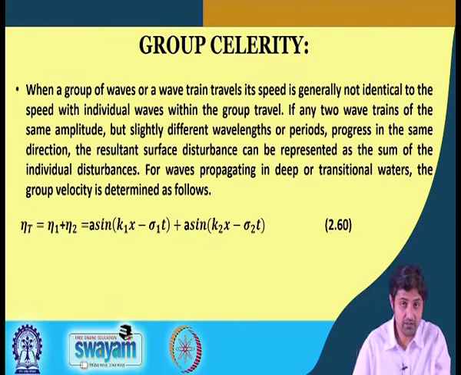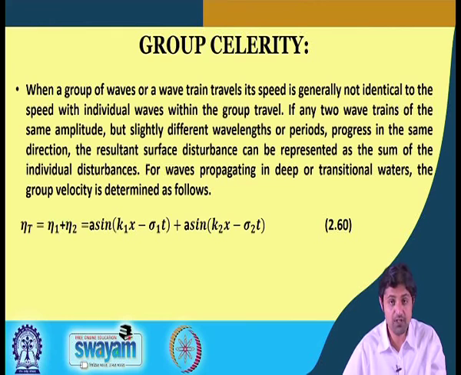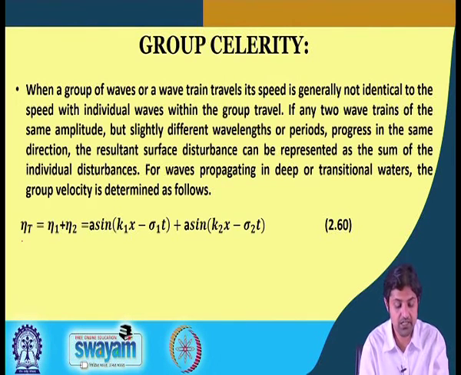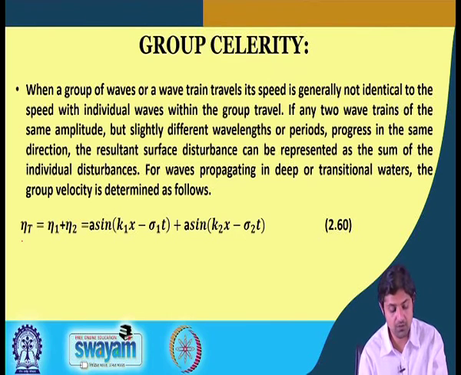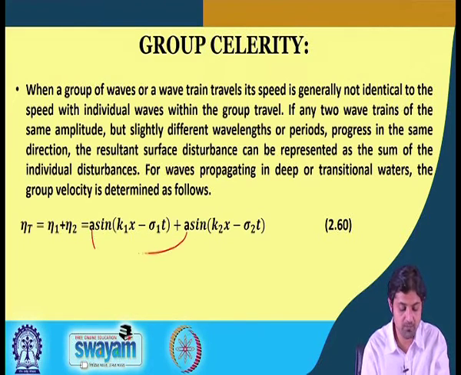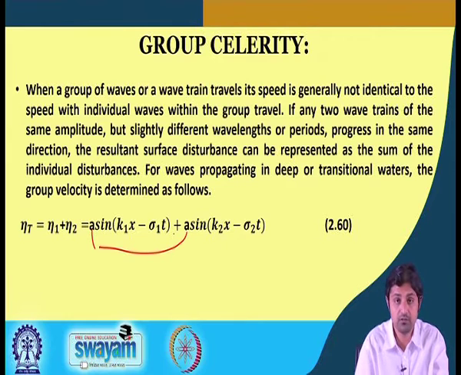As I said, there will be superposition of eta 1 and eta 2. So, we can simply write combined eta as eta 1 plus eta 2 is equal to a sin k 1 x minus sigma 1 t plus a sin k 2 x minus sigma 2 t, because we have assumed almost the same amplitude but different phases.